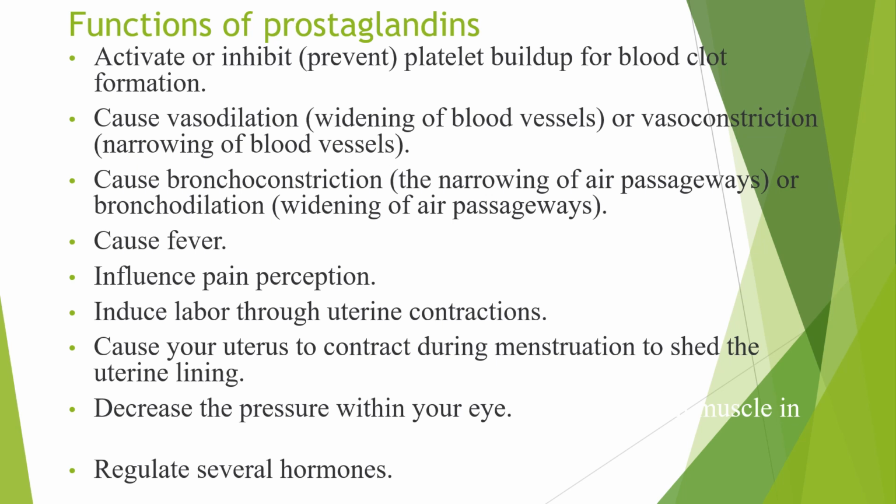It also causes the uterus to contract during menstruation to shed the uterine lining. So that is why most ladies take ibuprofen to reduce menstrual pain, because prostaglandin causes the uterus to contract during the menstrual period. It also decreases the pressure within your eyes.